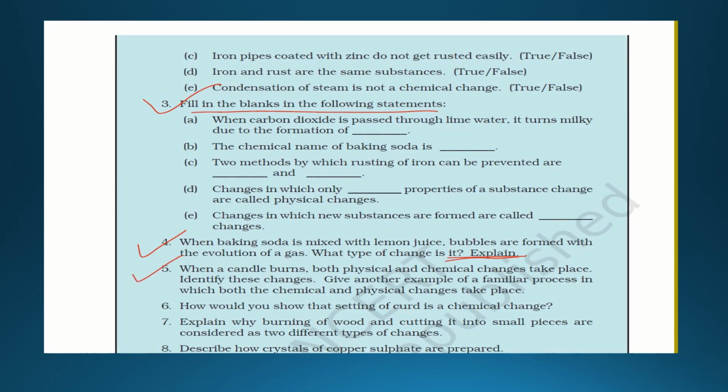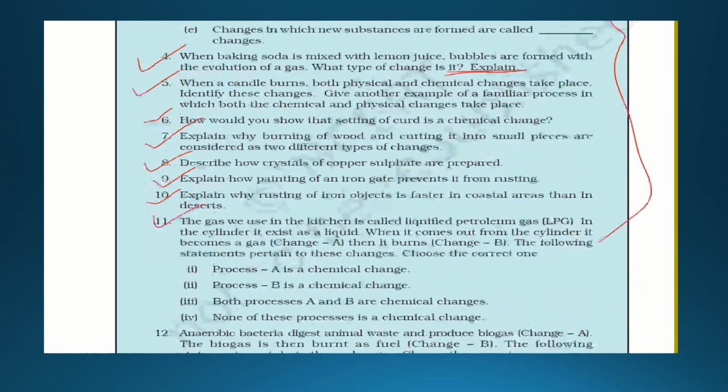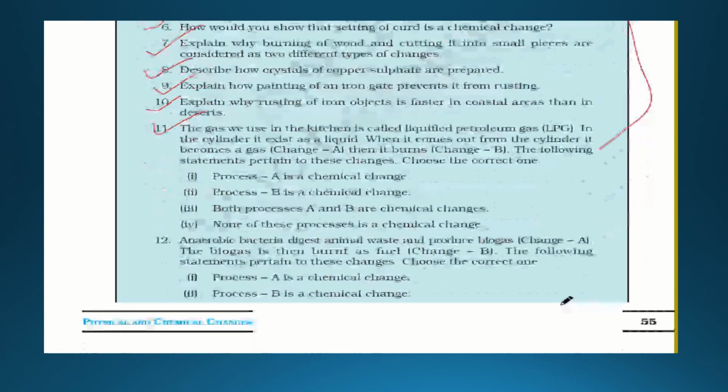These are very easy, and I have taught you each and everything in physical and chemical change. So try to answer all these questions, and if you have any queries or doubts, just pause the video, answer these questions, and ask me in the comment box so that I can get back to you with the answers in the next video itself, and I'll clear all your doubts.